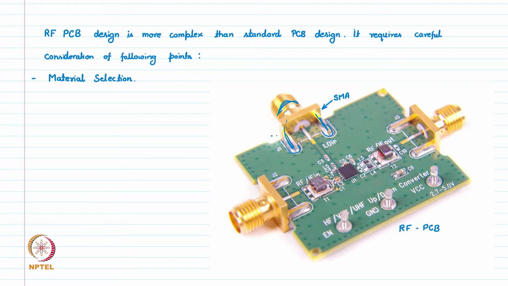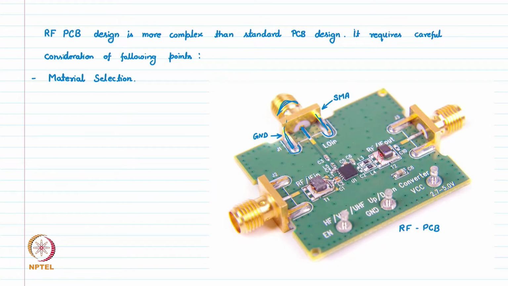So this whole outer part is grounded, and in between, a single wire comes from the center of this SMA connector and comes here. This is our signal carrying pin.